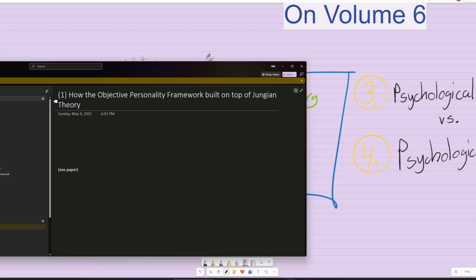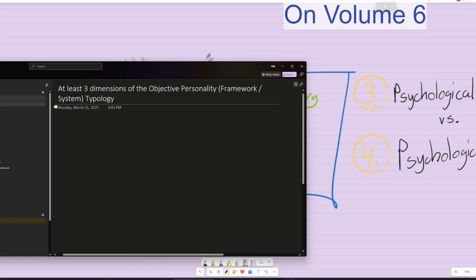One is how the objective personality framework built on top of Jungian theory. 2. At least 3 dimensions of the objective personality framework / system typology.